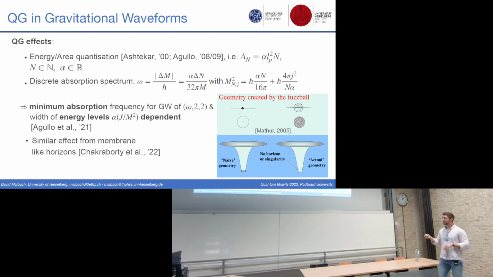I like to quote this nice paper from Chakraborty recently, which tries to mimic this behavior by putting a membrane of quantum degrees of freedom with a Gaussian profile, to add this fuzziness, around where the would-be black hole horizon is. What they found here is that you basically get the same behavior. You have a reflectivity of this would-be horizon membrane, and this reflectivity is also frequency dependent.